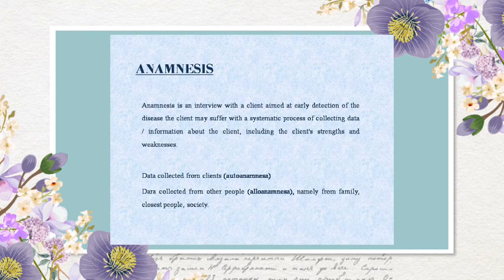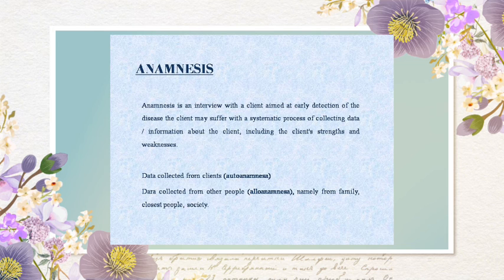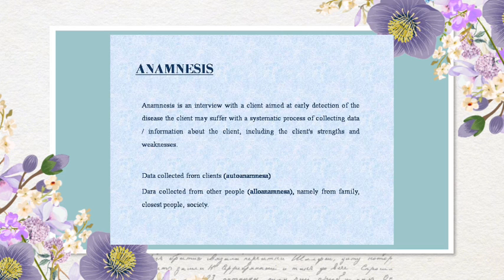Anamnesis is an interview with a client aimed at early detection of disease. The client may suffer with a systemic process of collecting data or information about the client, including the client's strengths and weaknesses. Data collected from the client we call autoanamnesis, while alloanamnesis is data collected from other people, like family, close people, and society.